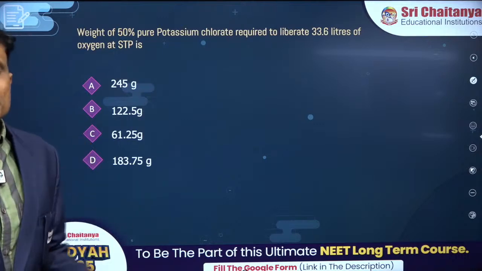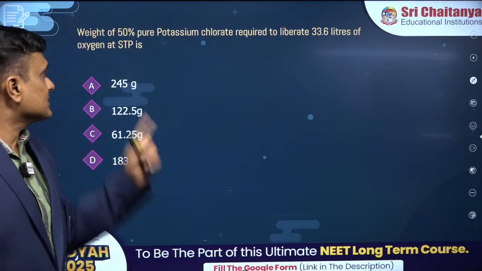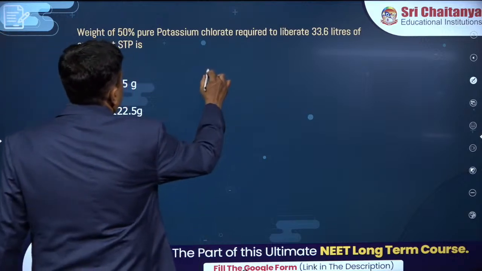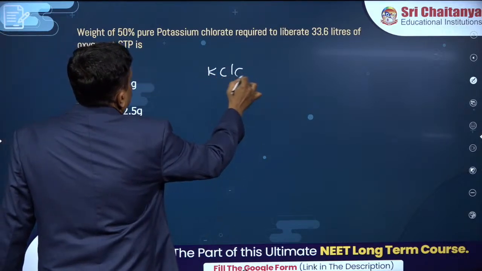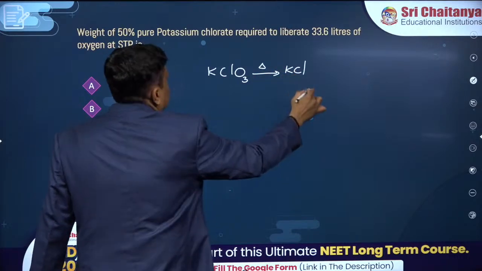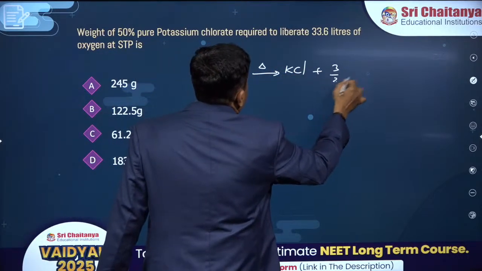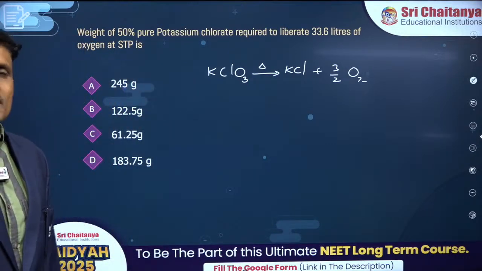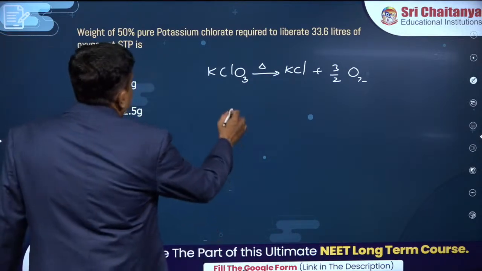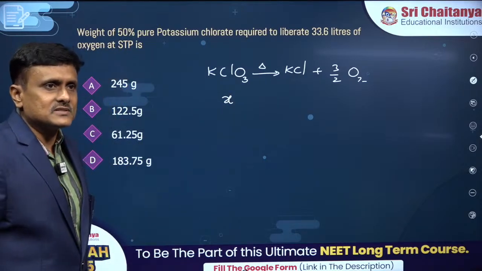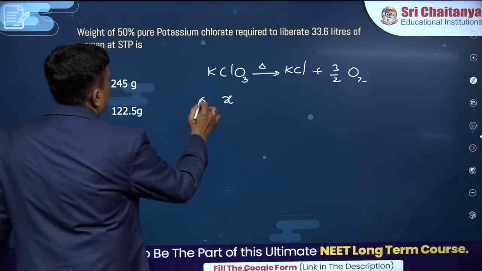Stoichiometry is not leaving you, it is haunting you in almost every session, isn't it? Listen now, potassium chlorate is a popular reaction. Decomposing to give you KCl and O2. Let's assume some X gram of KClO3 commercial sample is taken, 50% is only fuel.